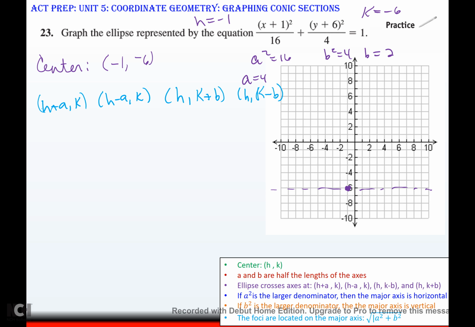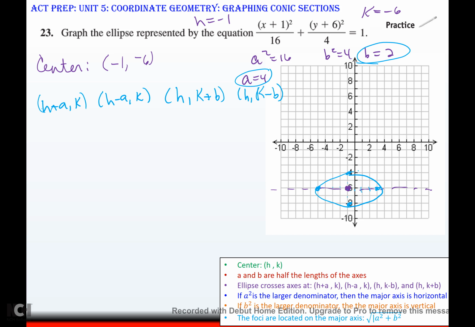You can do all that if you want to. But guys, you know that a is 4. So I'm going to go out 1, 2, 3, 4 to the right and 1, 2, 3, 4 to the left. And since b is 2, from the center I'm going to go up 2 and down 2. And that's going to be my ellipse.